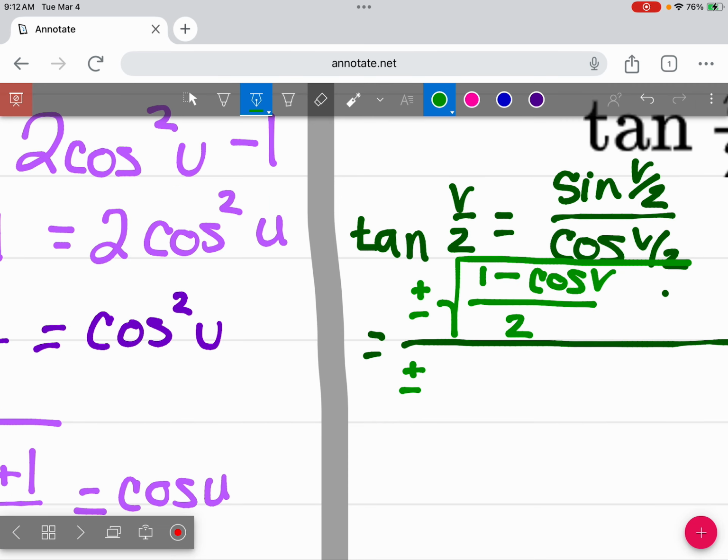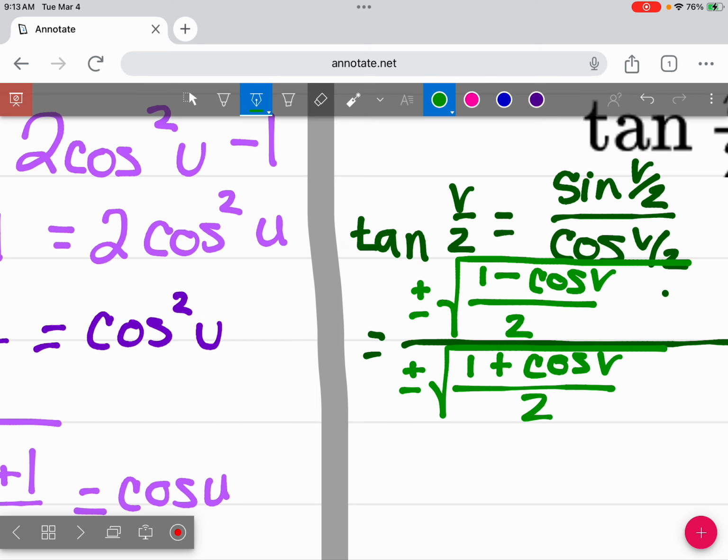Our cosine is our 1 plus cosine of v over 2, or cosine of v plus 1. Doesn't matter what order we put it in.